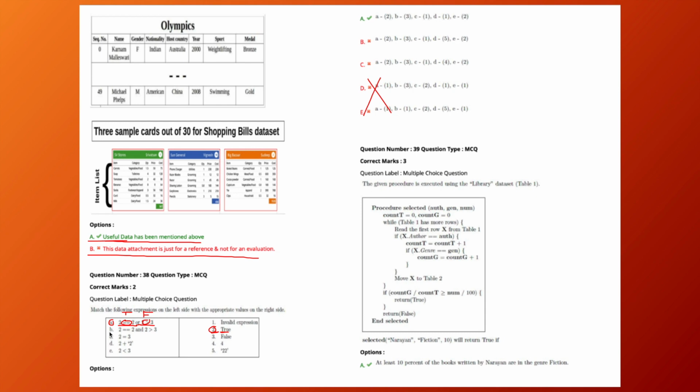Now going to the second expression, that says 2 equal to 2 and 2 greater than 3. We know again it's going to be a true and a false, as the previous question had it. But here this true and false are connected by an AND operator, which means that a true and a false, a 1 and a 0, gave us a 0, which means it's going to be a false, which means B is going to map to 3.